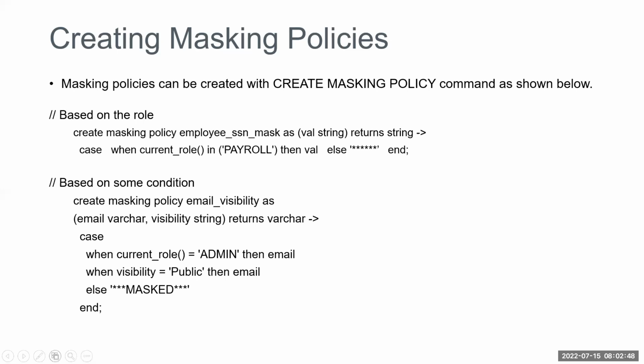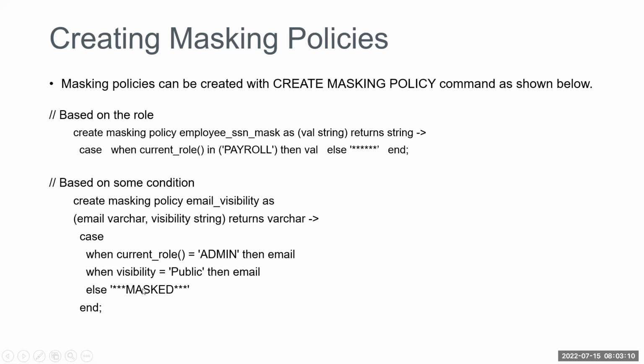Else, when these two conditions are false, when my current role is not admin and visibility is not public, then you mask the data. You can mask data in any way you want. So like this we apply masking policies based on the roles and based on the conditions.